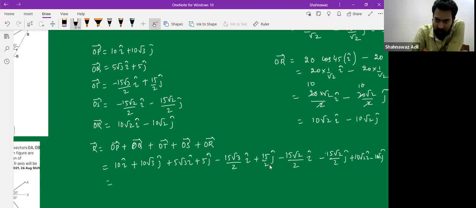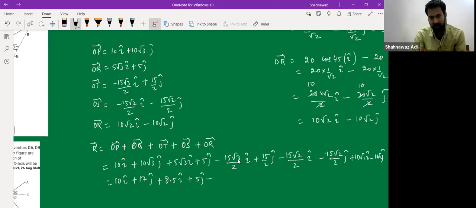Okay, so is there a simple number? 10i and then 10i, and then no other simple number. What we can do, right? So let us take the values then. 10i, 10 root 3, so this is 1.7, so this is 17j, right? This is root 3, so 1.7 into 5, so 8.5i, right? And then you have 5j.